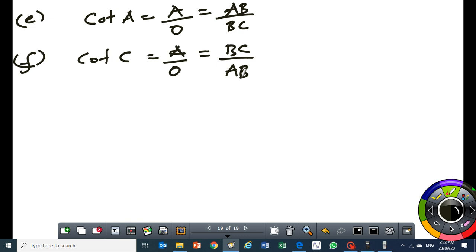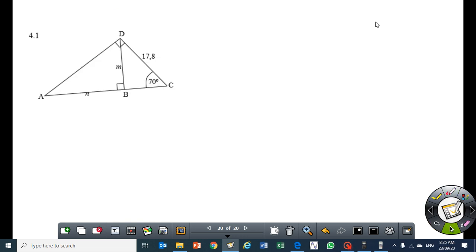Okay? So this is the exercise. Now, I'm going to bring in a triangle such that we can calculate the length using the reciprocals, to create a question.